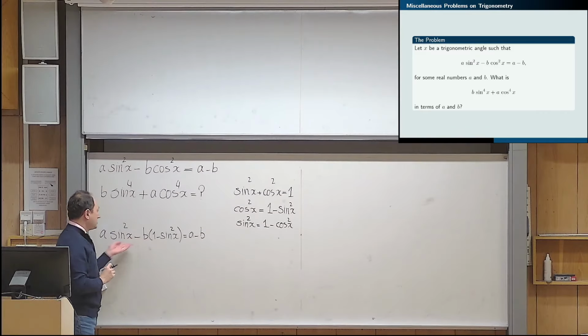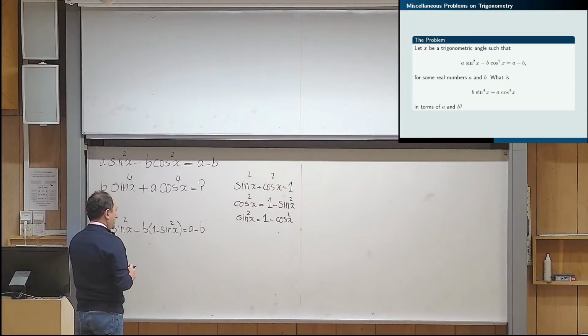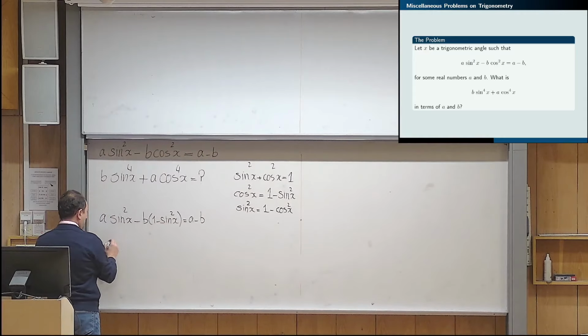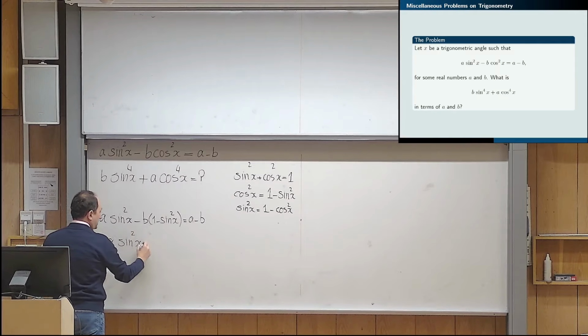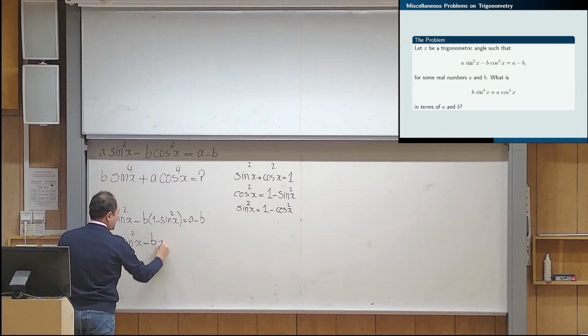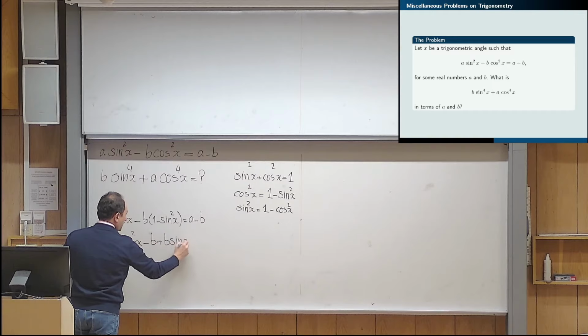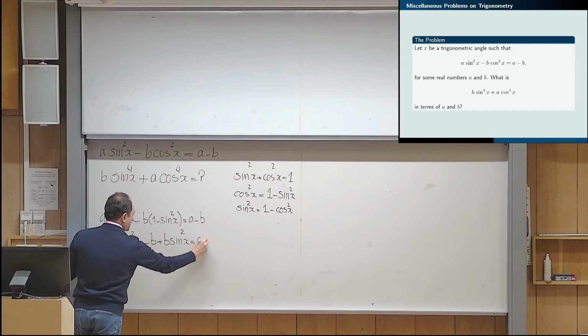Okay, and now you see that I do not have any mixture of sine and cosine, everything is sine x here. So I do some simple algebra, meaning that I expand this, multiply minus b in, plus b sine x squared is equal to a minus b.